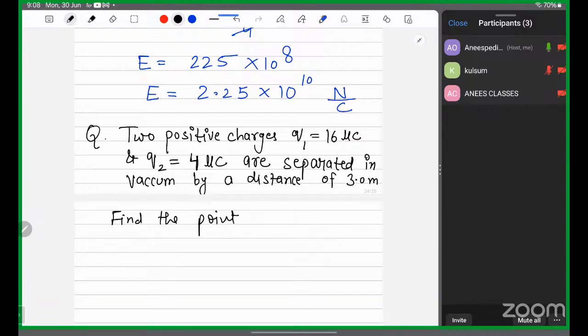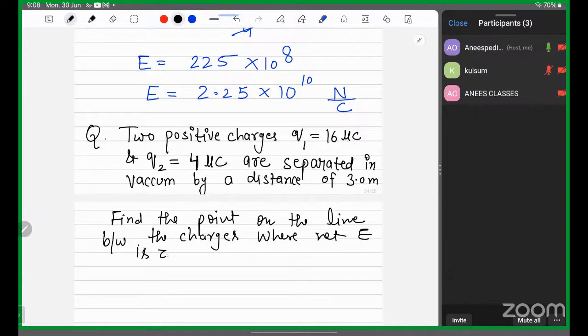Find the point on the line between the charges where net electric field is zero.